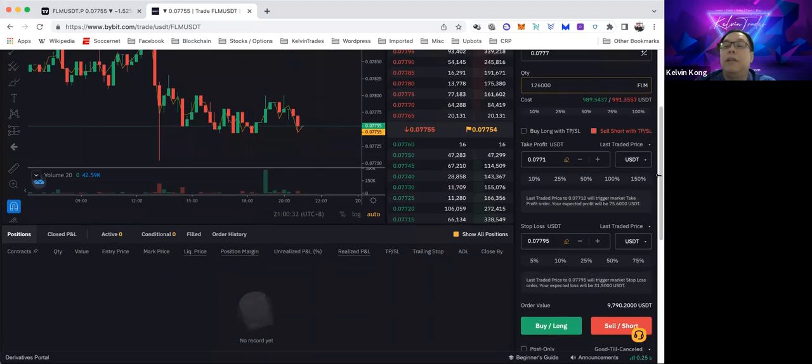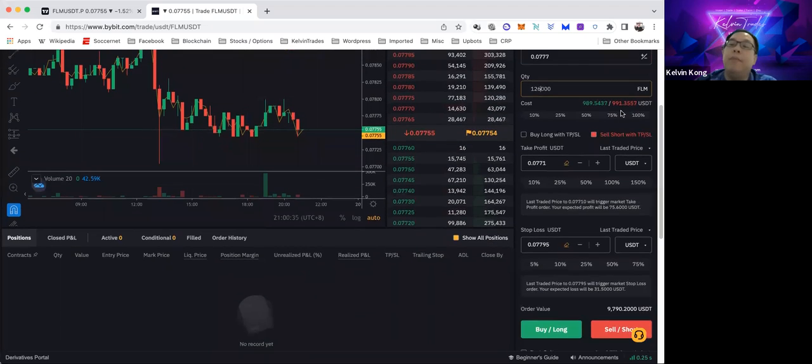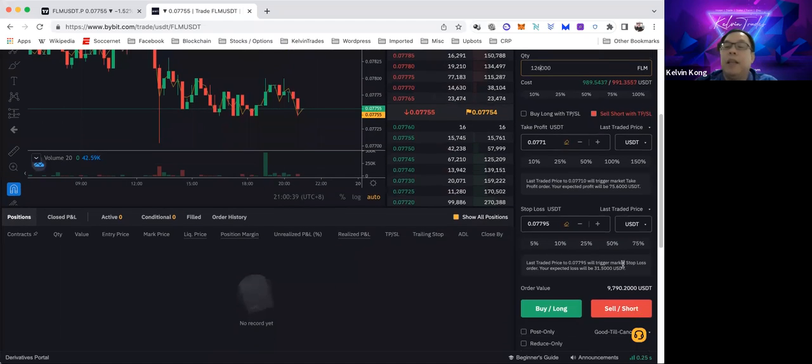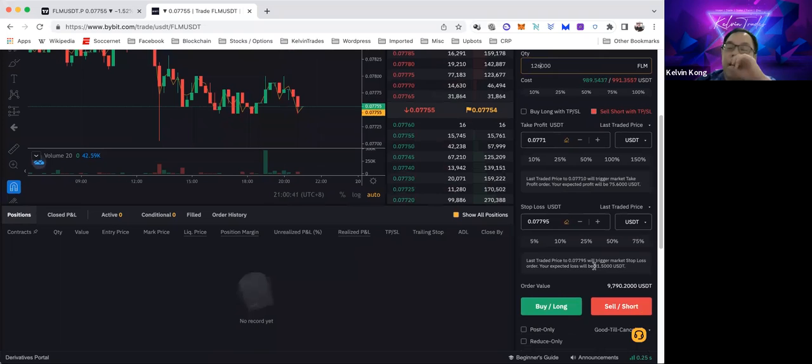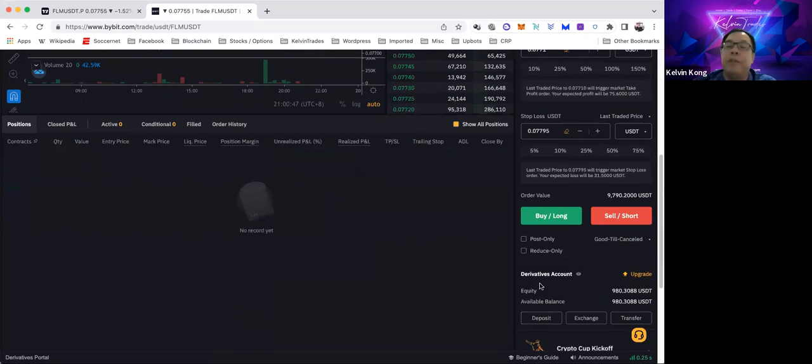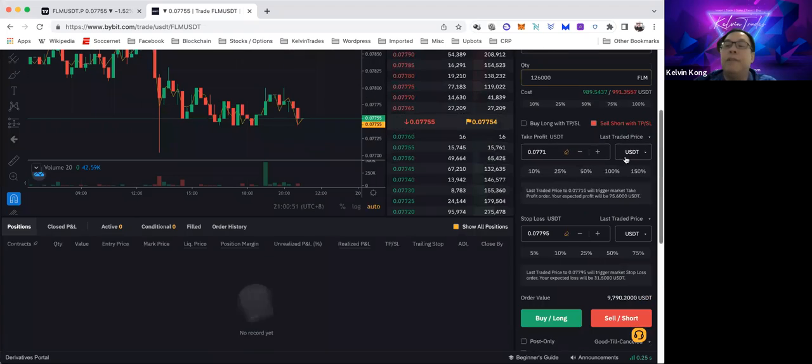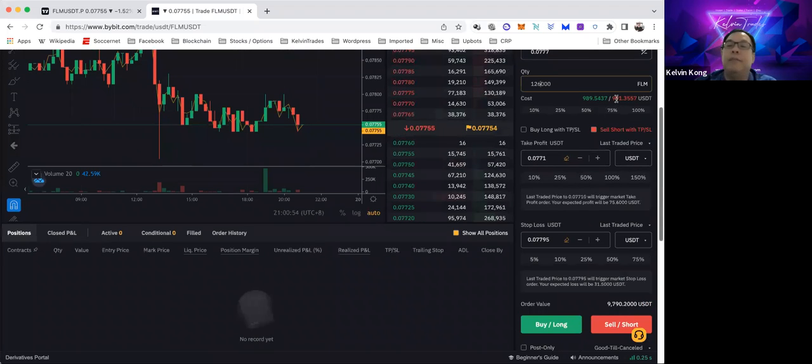That means I can pay up to $900 for this trade, and yet I still will not go above my 5% rule. Of course, how much you can pay depends on how much money you have in your account, right? If your account doesn't have $900, obviously you can't enter the trade. You get what I'm saying?